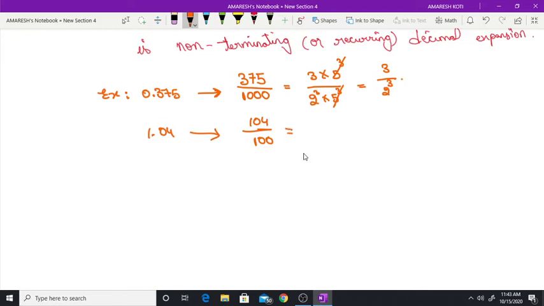So 104 can be written as 2 cube into 13, and 100 can be written as 2 square into 5 square. After cancelling we get 2 13s are 26 by 5 square.